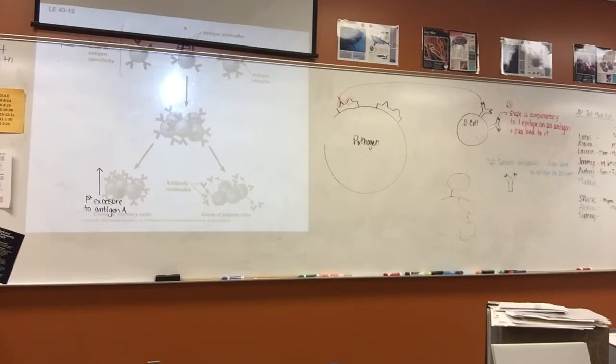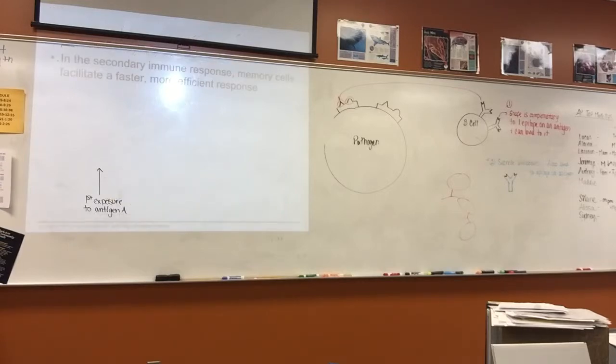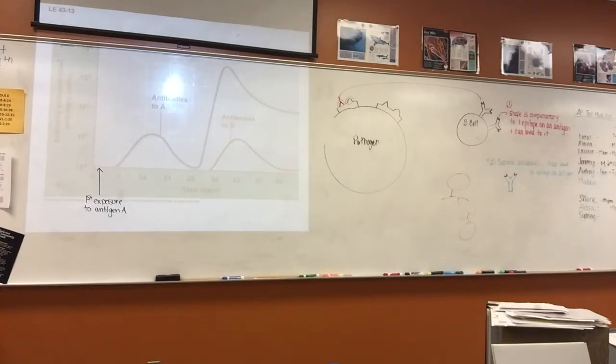That whole process from when this first gets into your body till you get this clone of plasma cells producing antibodies takes time. And so you don't see the antibodies going up in concentration until days after that antigen first gets into your body. So you have this lag here.